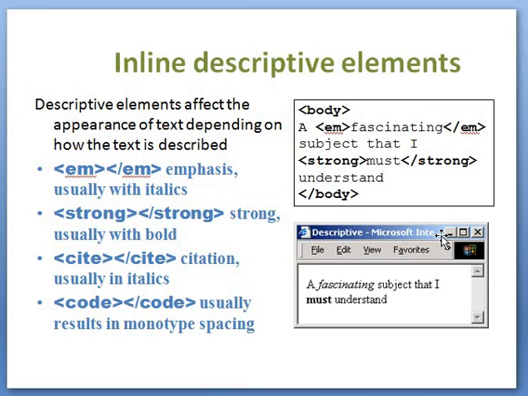Just look at the example and you can see the appearance of the corresponding content on the browser. Fascinating is enclosed in the EM tag, and on the browser it appears in italics. Must is enclosed between the strong tags, and it appears as bold letters in the browser.